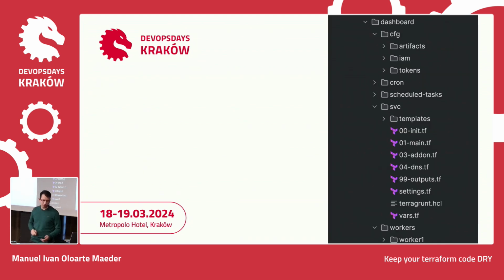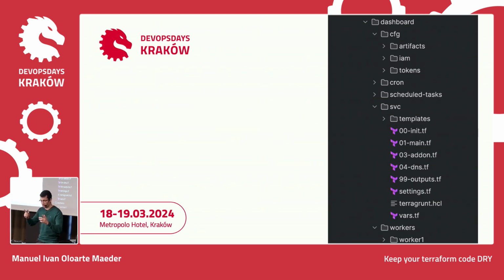And here is actually a nice example of what we had when we were opening one service. We have this dashboard service, and this dashboard service consisted of just this application. There was a configuration directory where you would store the artifacts, maybe the IAM policy, tokens. Then you will see that we have these Terraform files for DNS, for the main, and other stuff.